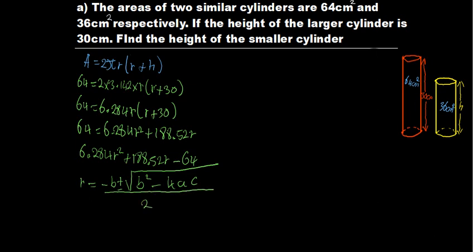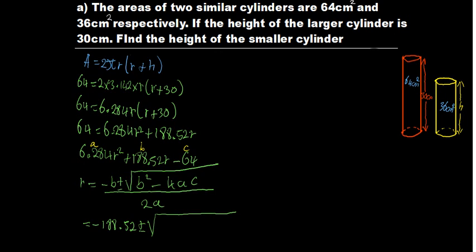All right, so in this case this is our a, this is our b, and this is our c. So it's just now a matter of replacing. Where there is b, I'm going to put 188.52, so it will be minus 188.52, positive or negative, the square root of the same value squared.